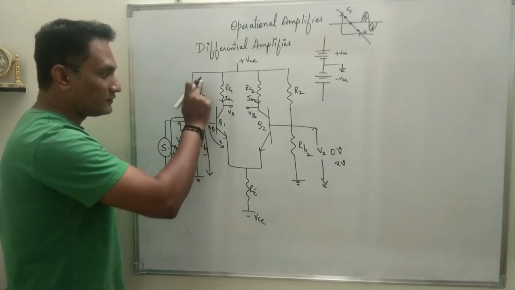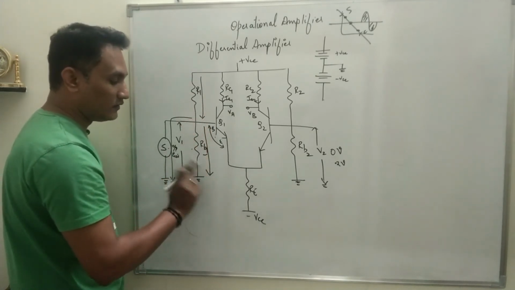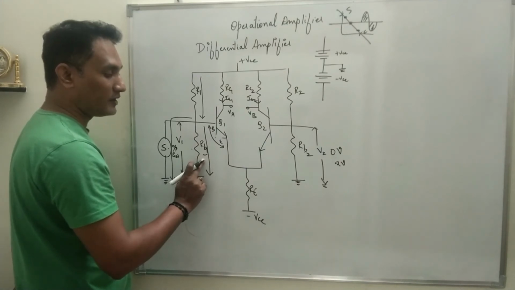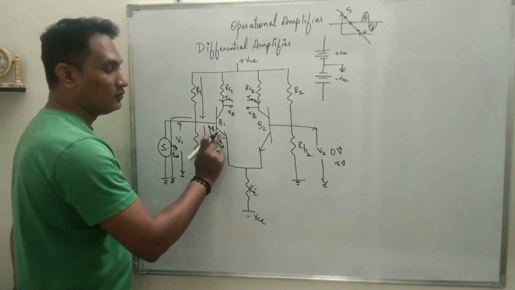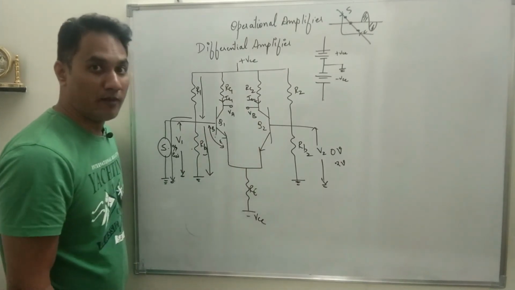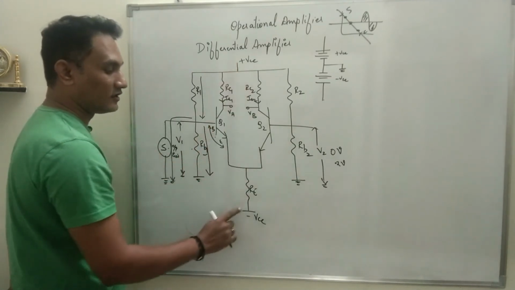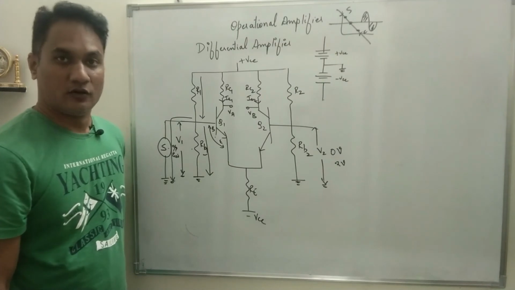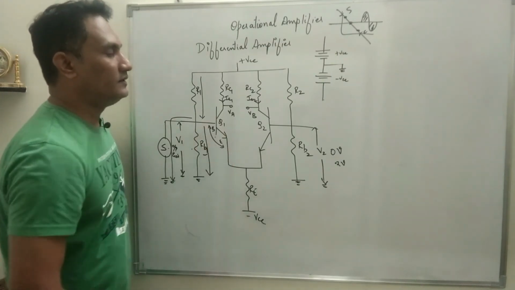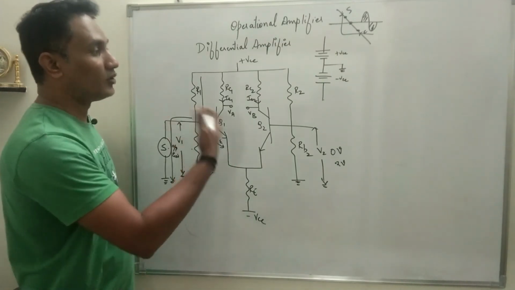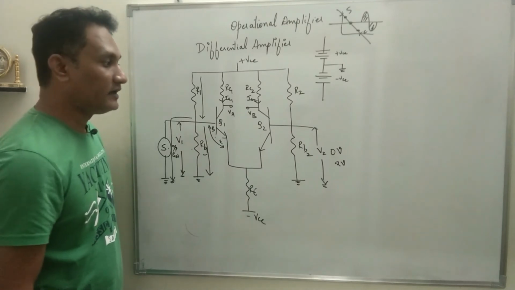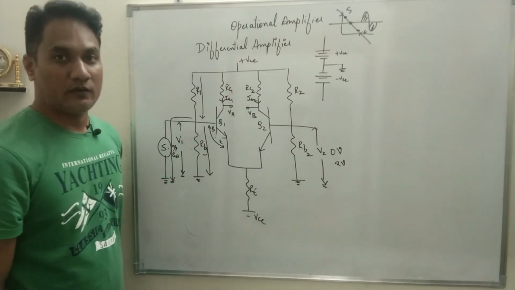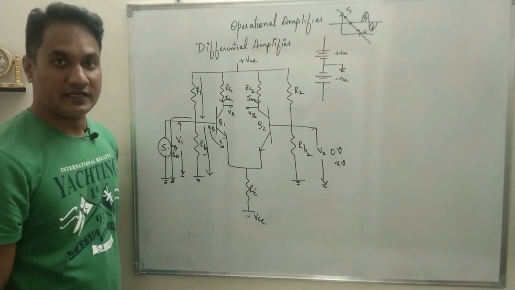All the input current which was flowing through R1 will flow through RB2, which keeps the voltage across RB1 proper, so that Q1 and Q2 are properly biased. That is why, instead of one power supply, we use two power supplies. This is the advantage of the differential amplifier and the basic concept of why two power supplies are required.